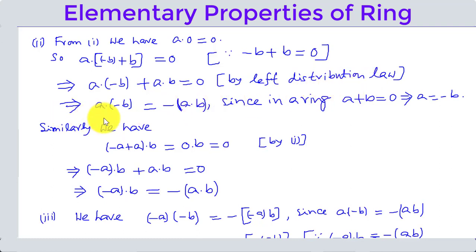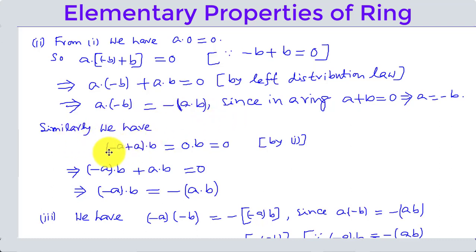Implies that a dot minus of b is equal to minus of a dot b, since in a ring a plus b is equal to 0 implies that a is equal to minus of b. So a dot minus of b is equal to minus of a dot b.